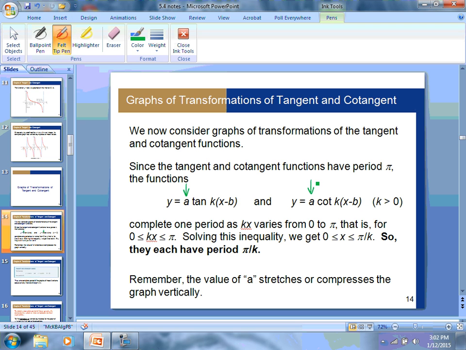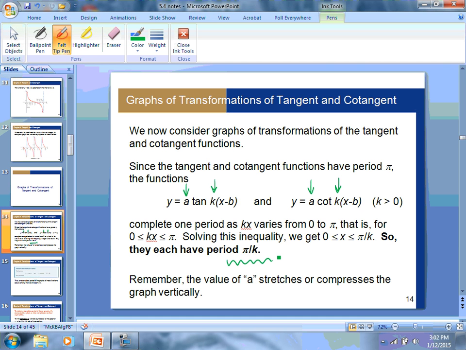Okay? We're still going to have a k value, and that k value is going to affect our period. So we'll be taking pi and dividing it by k, and that's how we'll get the period for each of these tangent and cotangent graphs.